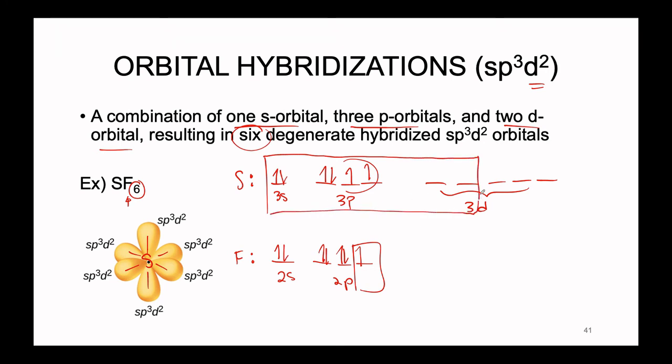So we are going to grab 2 of the 3d orbitals, which will allow our first electron to move over into its own apartment, our second electron to move over into its own apartment, and giving us 1, 2, 3, 4, 5, 6 equivalent in energy sp3d2 orbitals, where each electron has its own place.